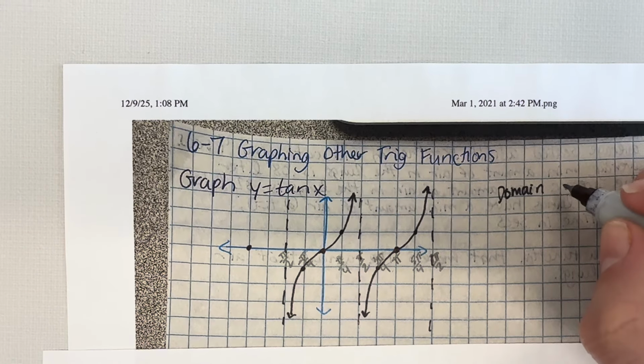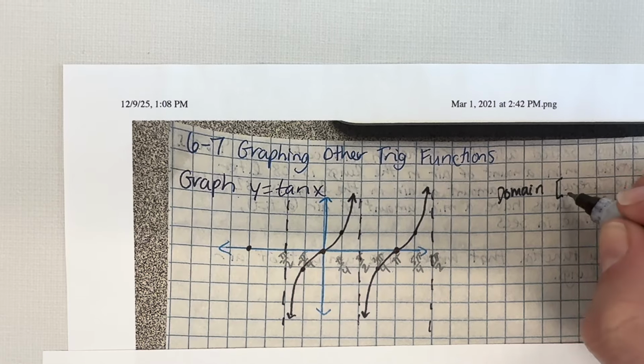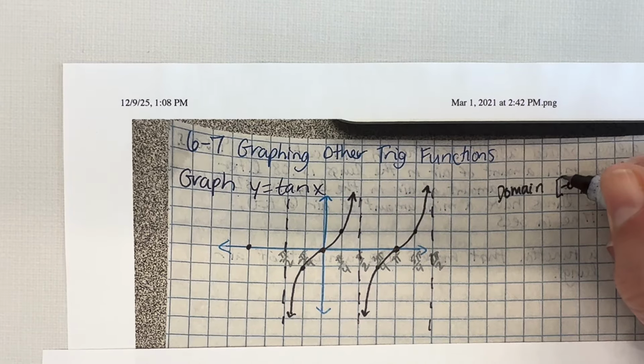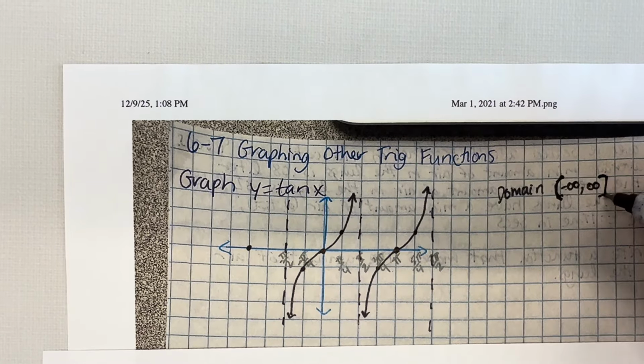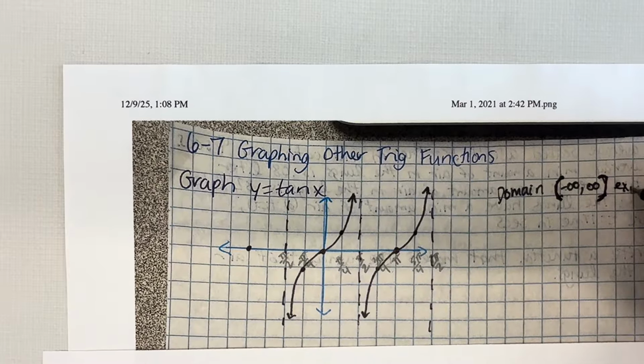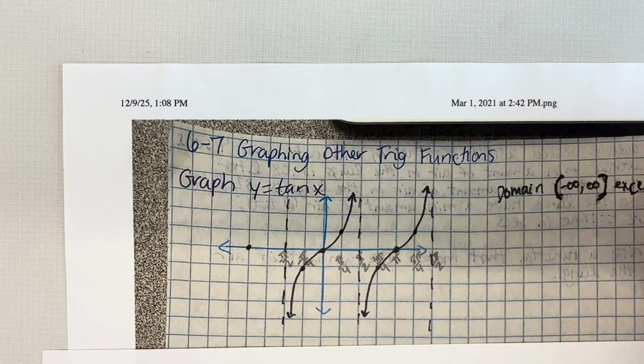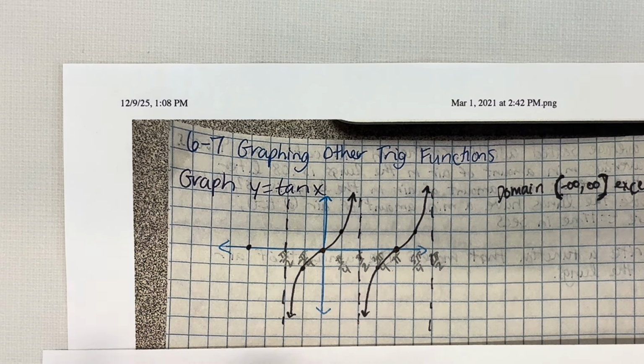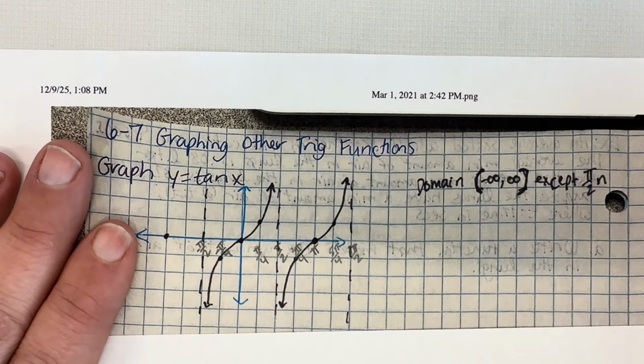So our domain is all real numbers, so negative infinity to positive infinity. And that's supposed to be a parentheses, not bracket, except pi over 2 n. So any value of pi over 2 does not fit in the domain.